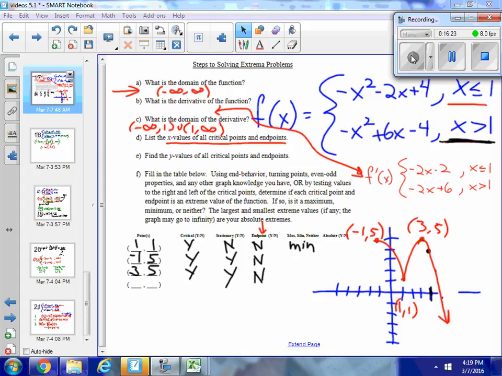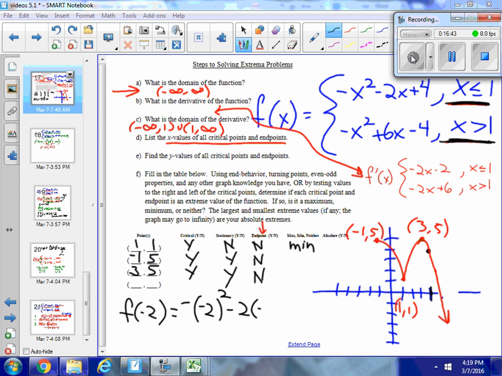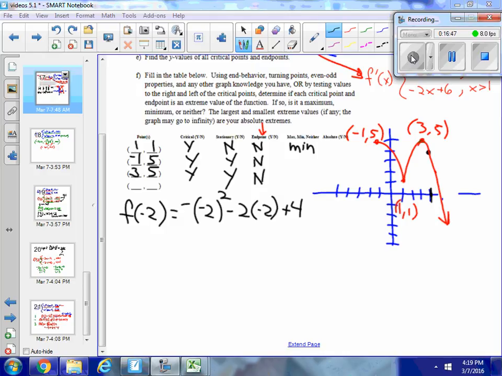Let's test a point on the other side. Let's test -2. So I want f of -2. Well, -2 is in this part of the piece. So it's going to be -2 squared minus 2 times -2 plus 4, which is equal to -4 plus 4 plus 4 again.